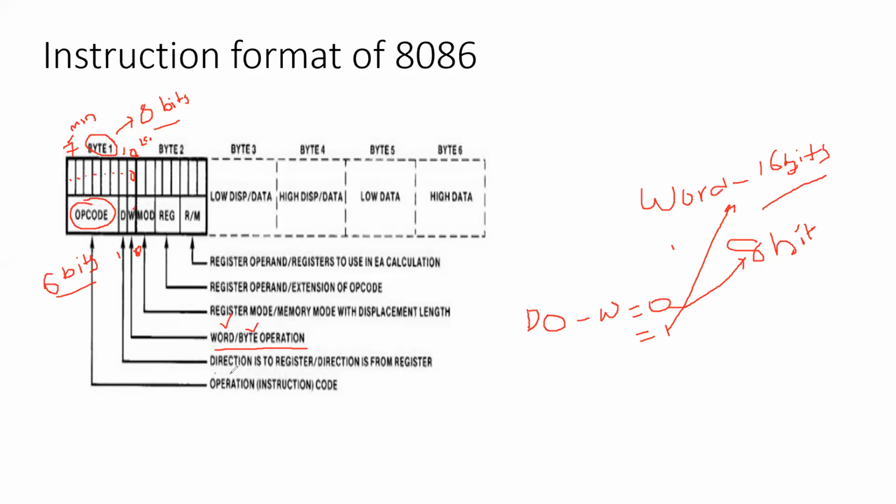That D1 bit is specifying the direction: to the register or from the register. That means it is indicating the direction of data transfer. If it is 1, it is from the register, and if it is 0, it is to the register.